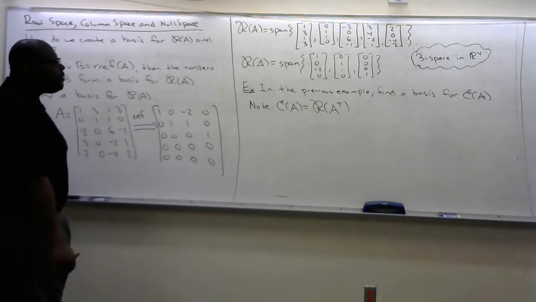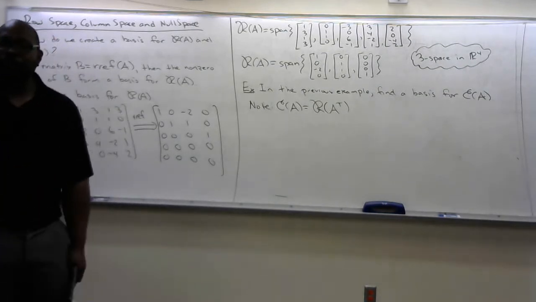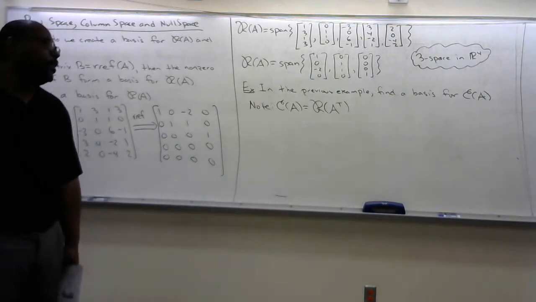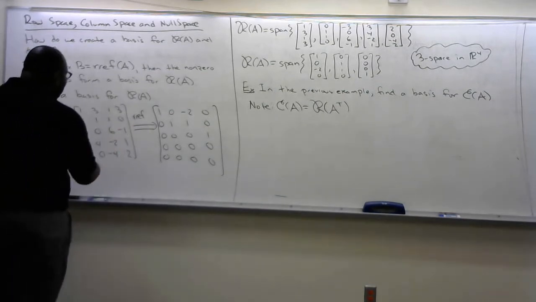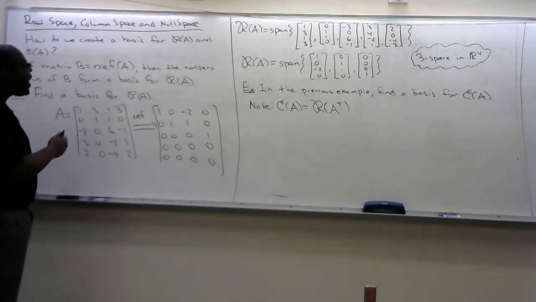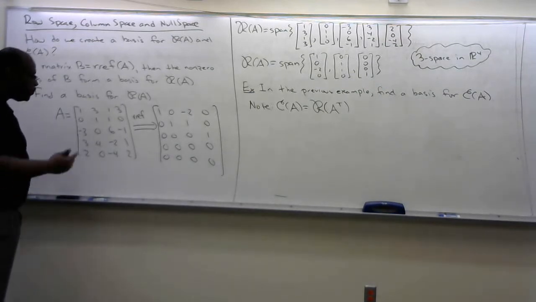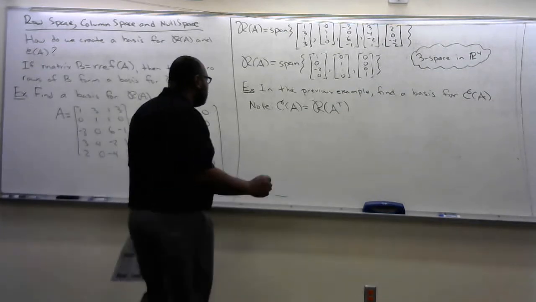The column space of A is equal to the row space of A transpose, because the transpose interchanges rows and columns. So my columns become rows, which is exactly what I want, and I'm going to do the reduced row echelon form just like I did before.